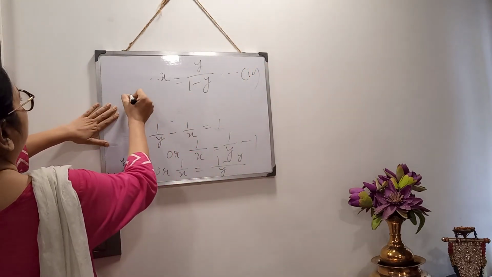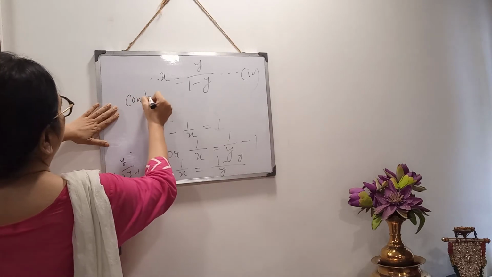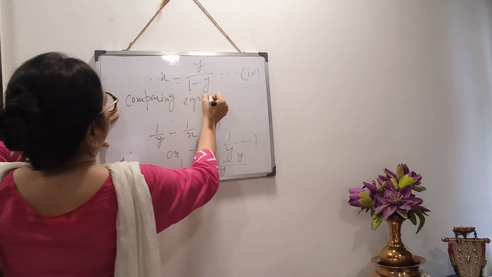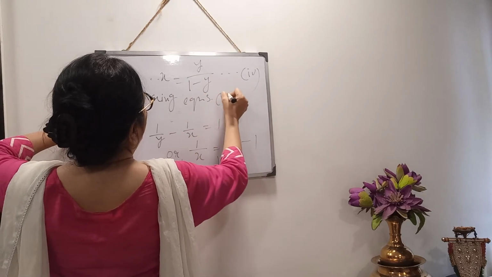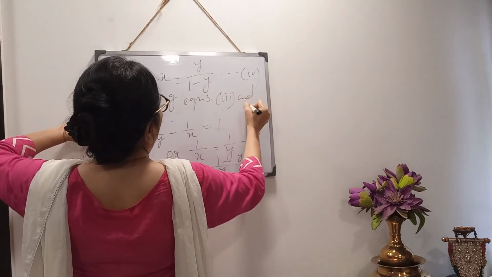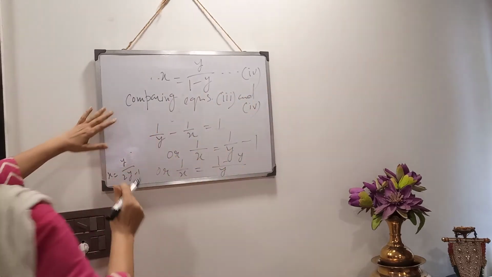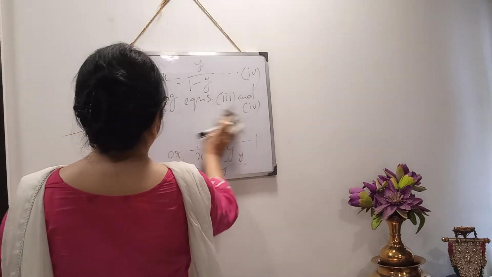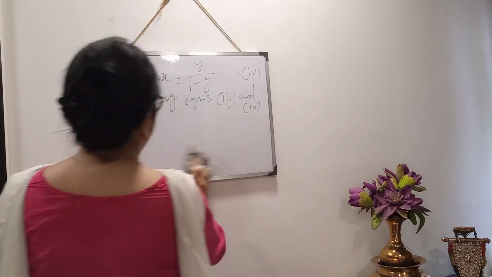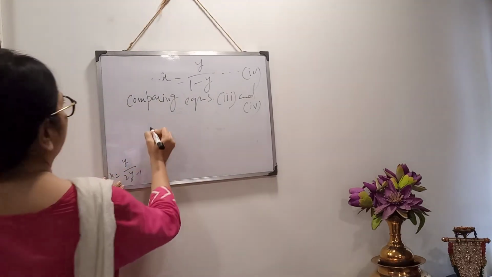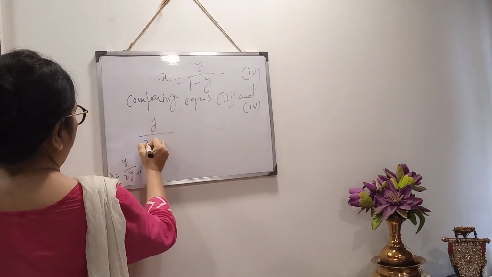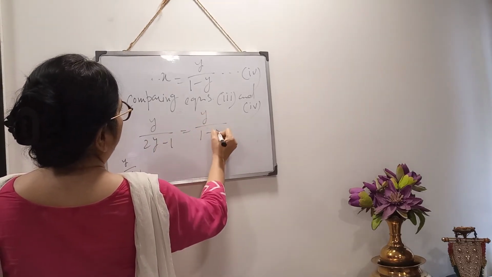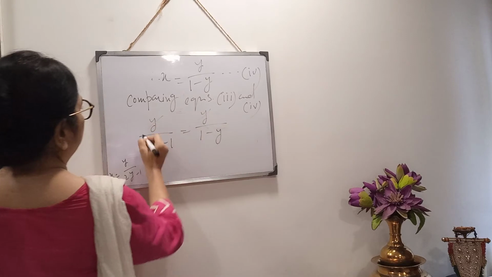Now comparing equations 3 and 4. y by (2y minus 1) equals y by (1 minus y). Cancelling y, this is 1.